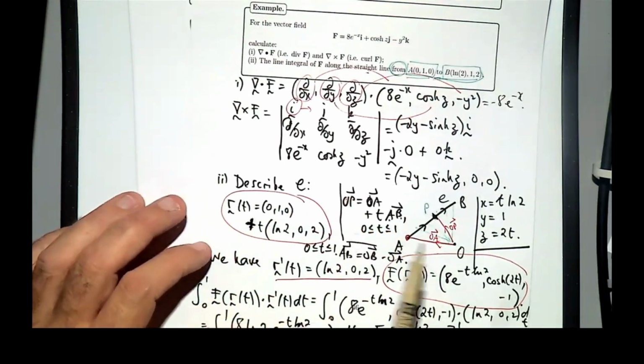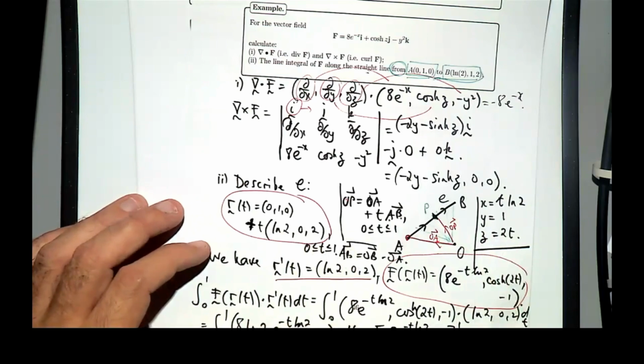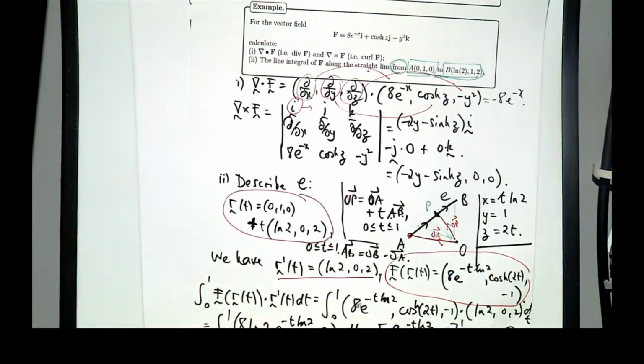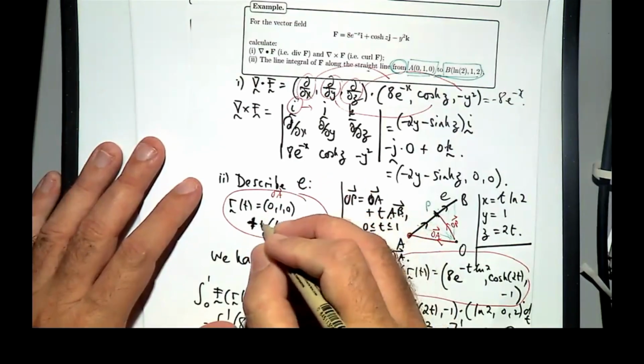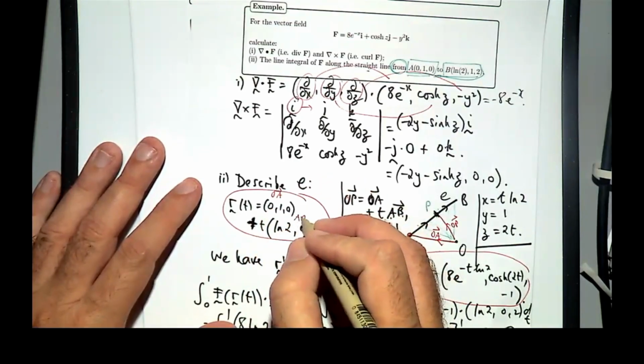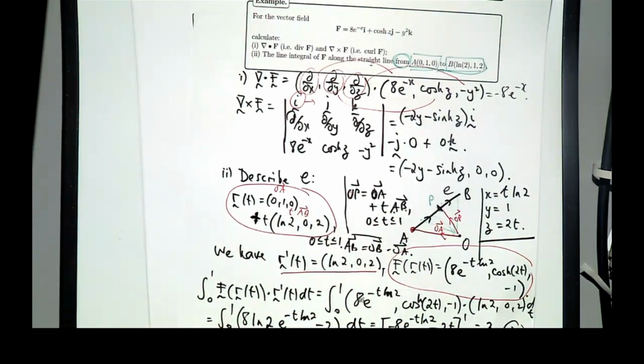So x is that plus t times that. y is 1 plus 0 times t. z is 0 plus t times 2. Yes, that's a plus, not an equals. Now, why is that a zero? This one is point B. This vector is OA, and this vector is AB. So it's t times AB. It's a bit tricky if you haven't done vectors for a while.